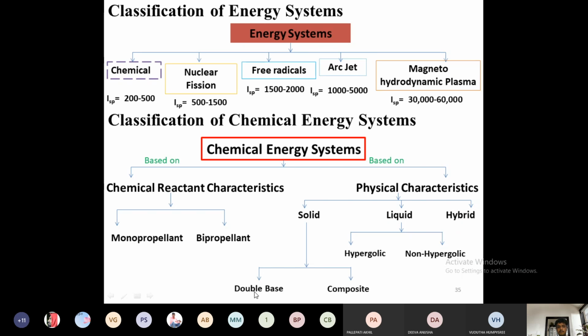Explosives are different from propellants, because propellants are low energy chemicals, or low explosives, whereas the high explosives are the main explosives, like trinitrotoluene, TNT, and RDX. These are the high explosives, whereas propellants are the low explosives.